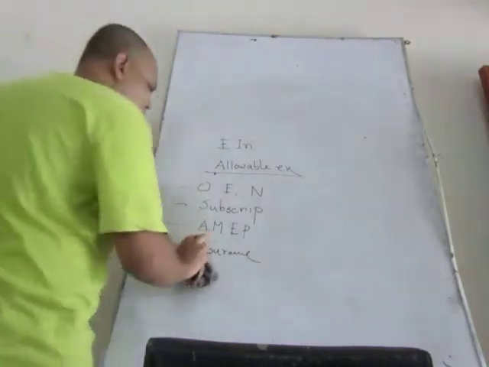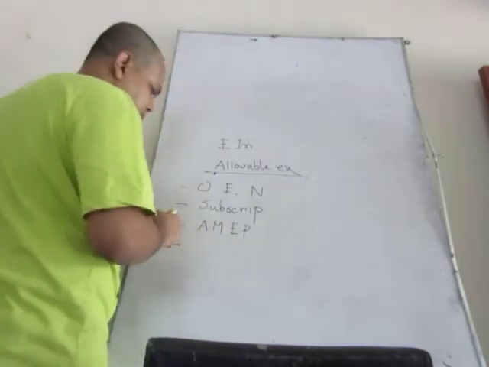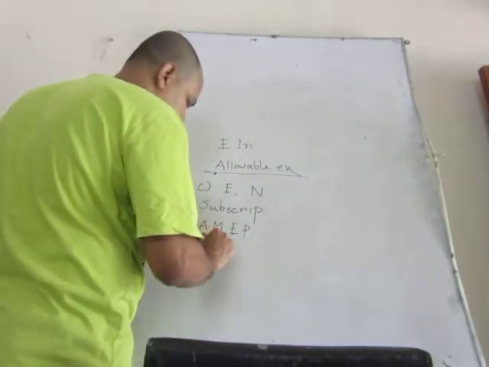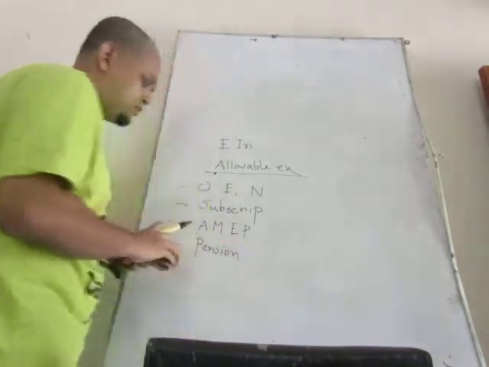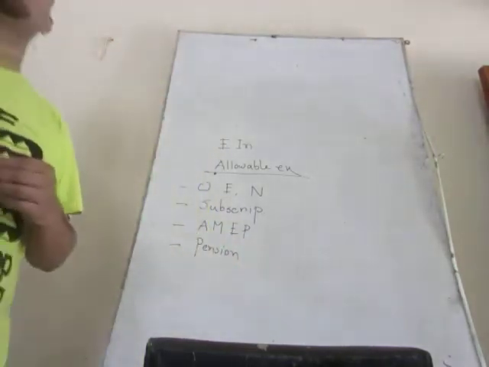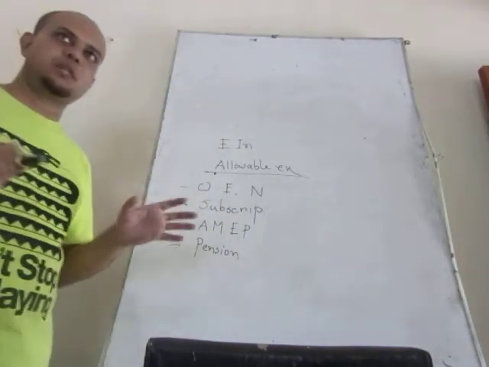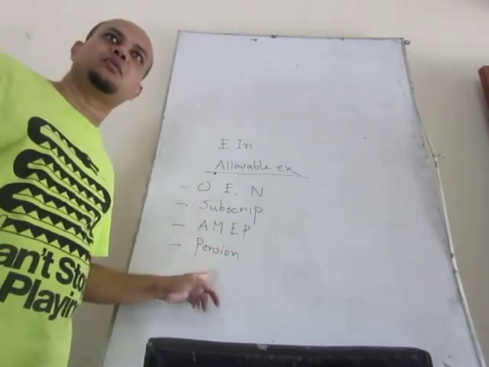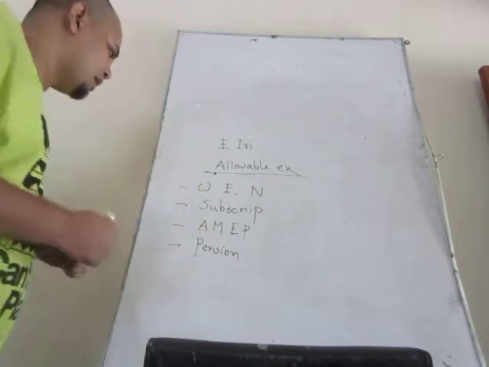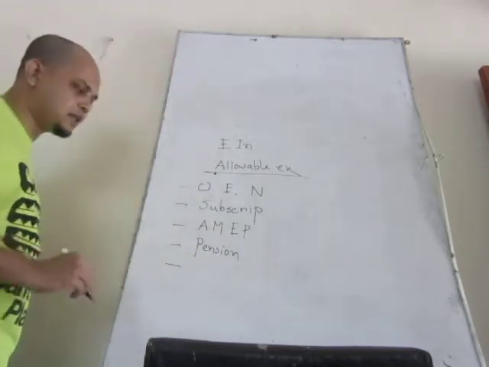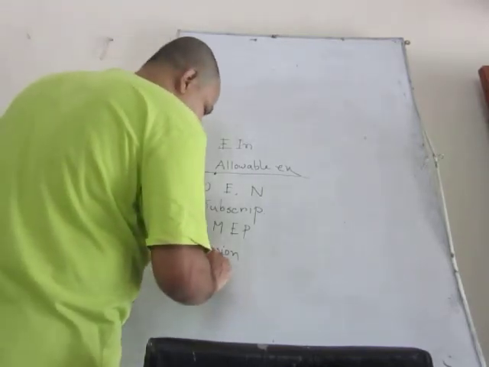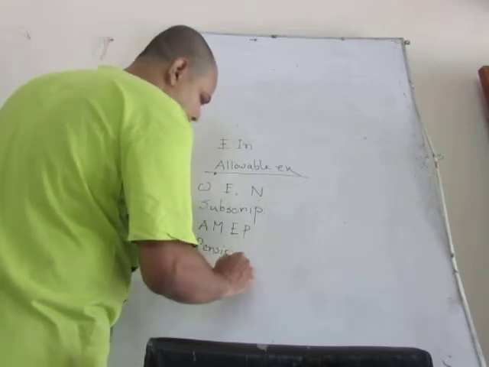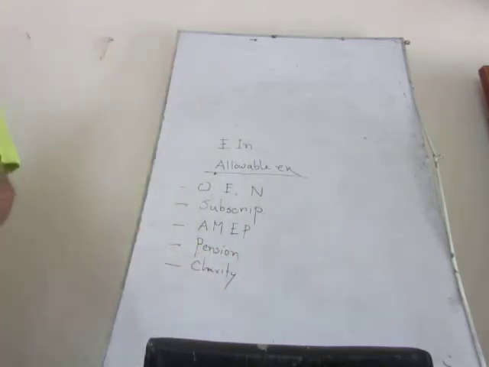Pension, this is pension. When you are contributing a fixed amount for a pension scheme, that is also allowed. Another is charity.